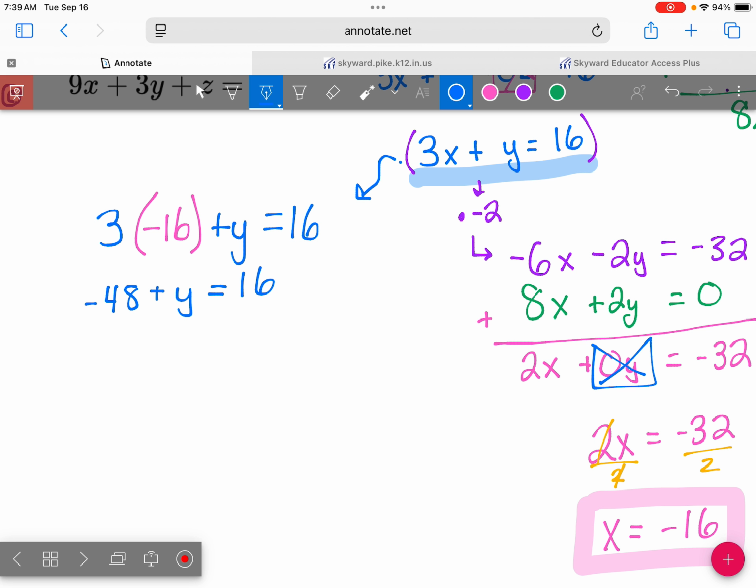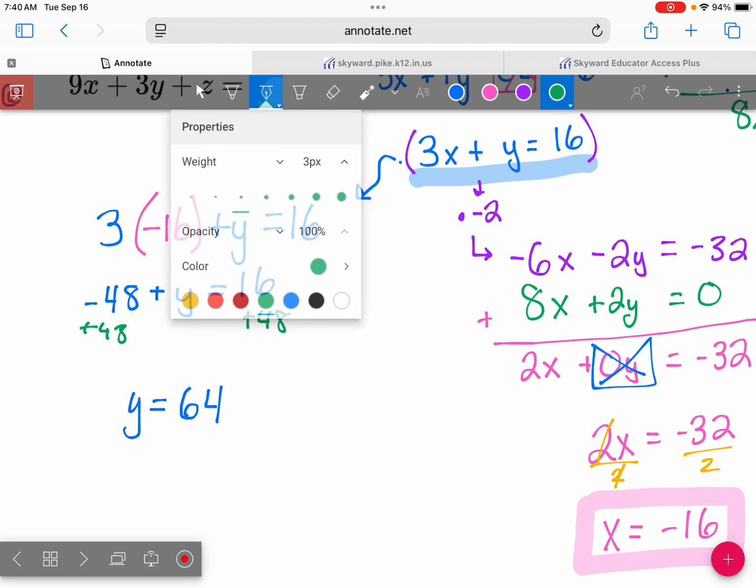So what's our y going to equal? Yep, this is a 64 because we would need to add 48 to both sides. And we'll get y equals 64.